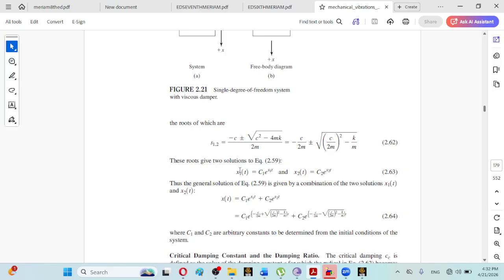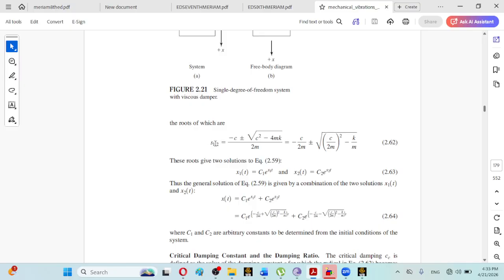Because it has two roots, the initial assumed solution gives two independent solutions: x1(t) equals c1 e^(s1 t) and x2(t) equals c2 e^(s2 t). Remember that c1 and c2 are again arbitrary new constants, introduced due to these two roots from the solution of the characteristic equation, which was quadratic in s.